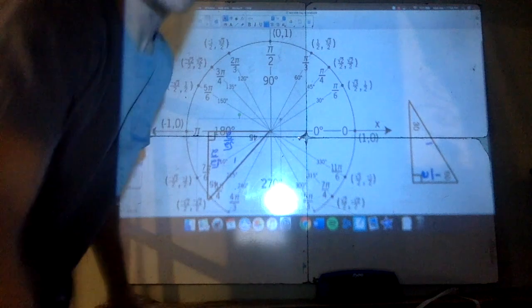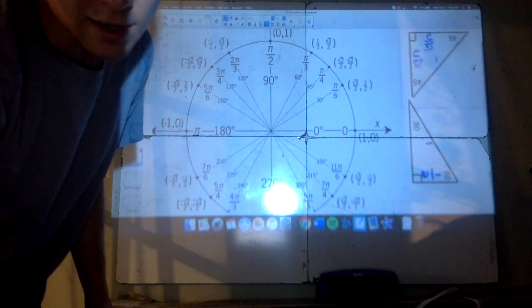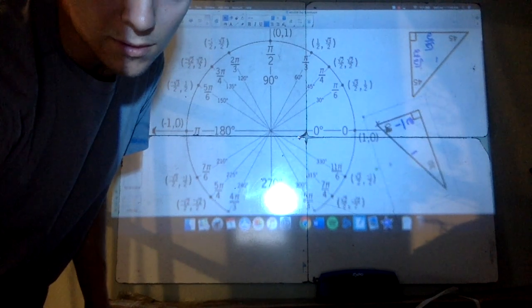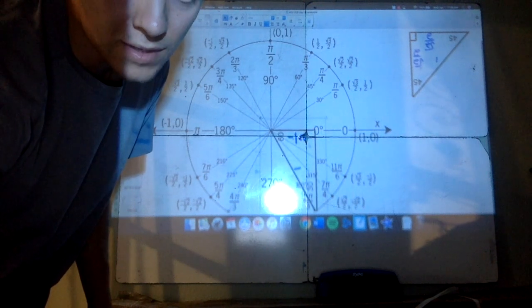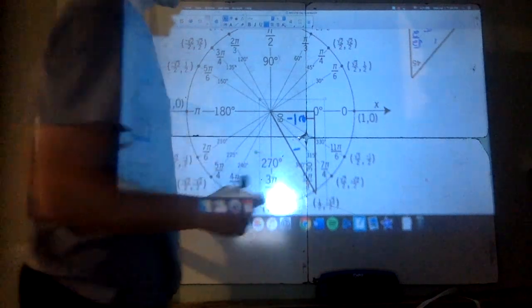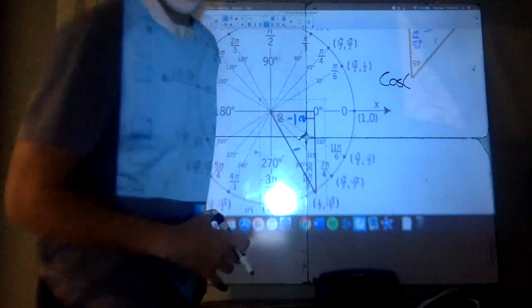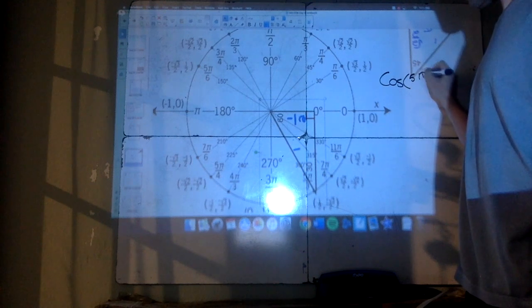Let's try one with our 30, 60, 90 triangle. We're going to move this one back out of the way, and let's flip this around. What about this angle right here? We want to know the cosine of 5 pi over 3.